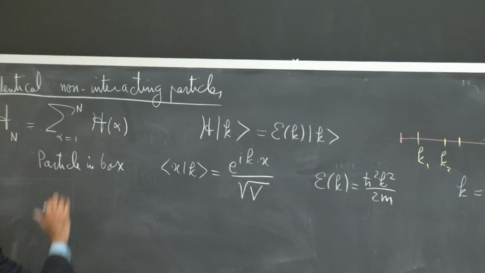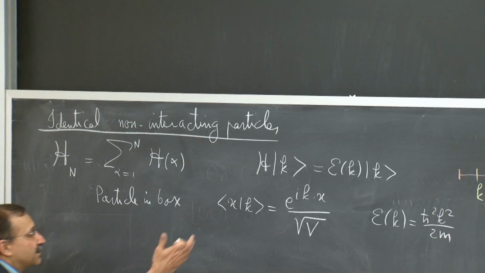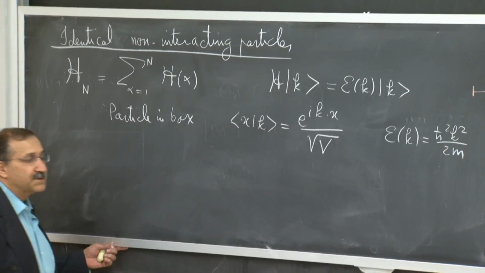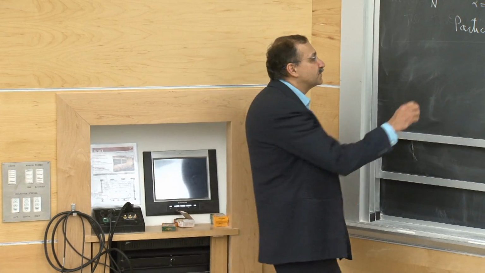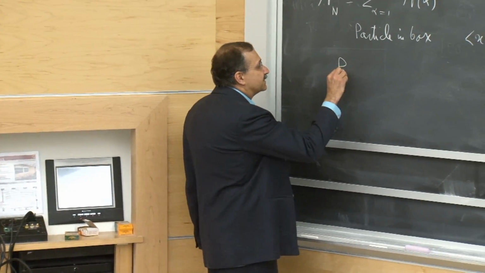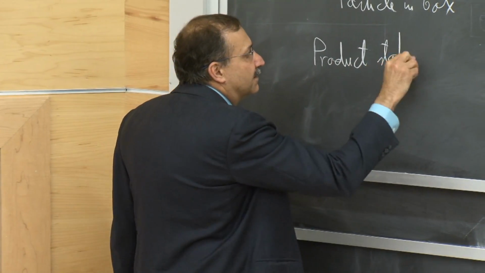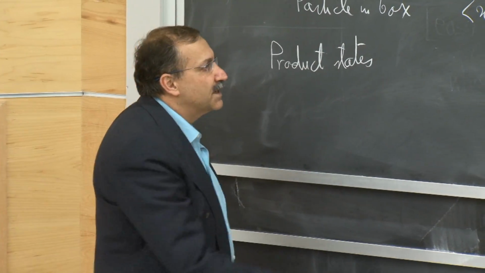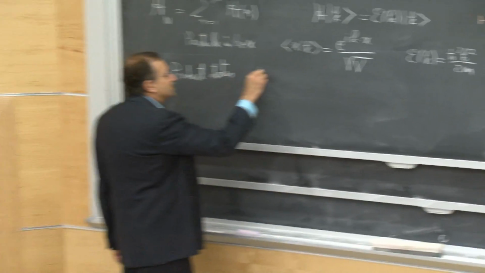If the Hamiltonian is of this form, it is clear that we can multiply a bunch of these states and form another eigenstate, and those, for Hn, we were calling product states. So you basically pick a bunch of these k's and you multiply them.